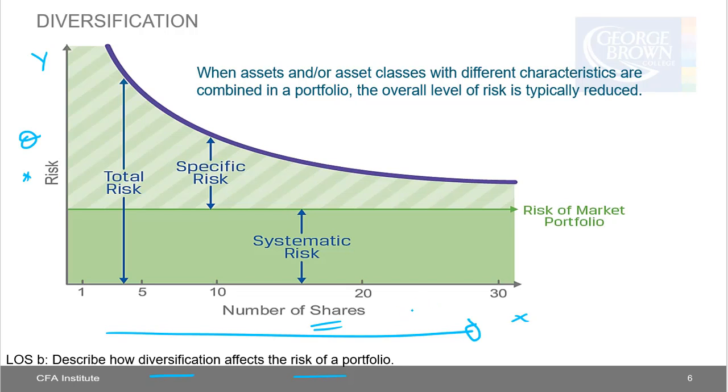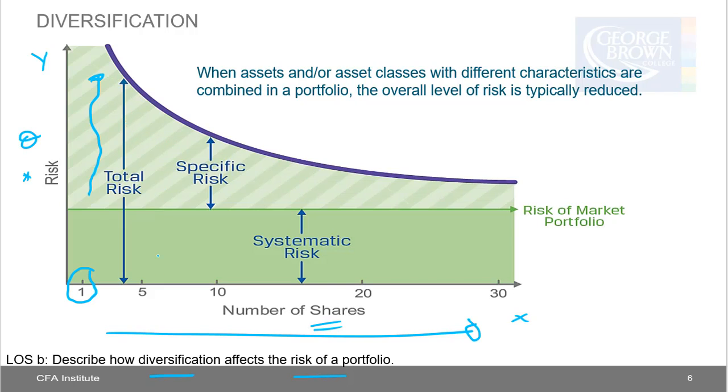If we're looking at a stock portfolio and we have only one stock in the portfolio, we're exposed not only to the systematic risk that many assets are exposed to, but we're also taking on this firm-specific risk, as we said, unsystematic or non-systematic risk.